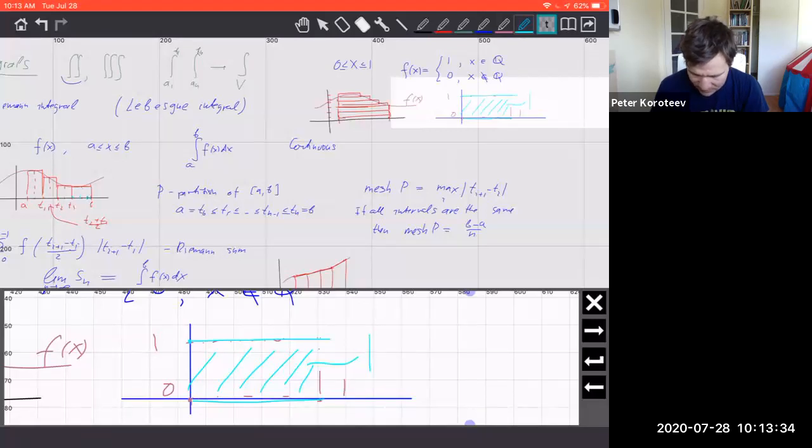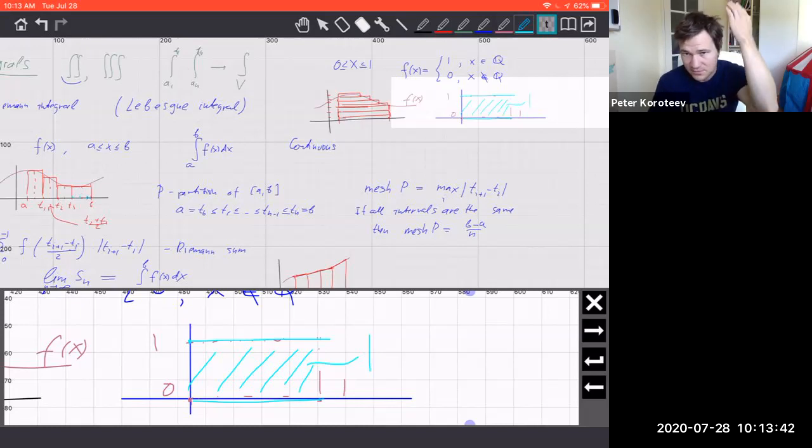And if you look at the domain, it's not even integrable. You cannot write a reasonable Riemann sum. No matter how small the mesh you take, it still will not make any sense. It's not going to approximate the function. So this function is not Riemann integrable, but it's Lebesgue integrable.